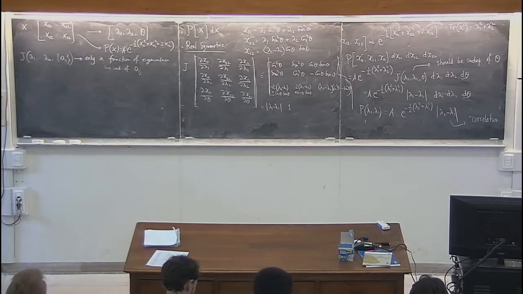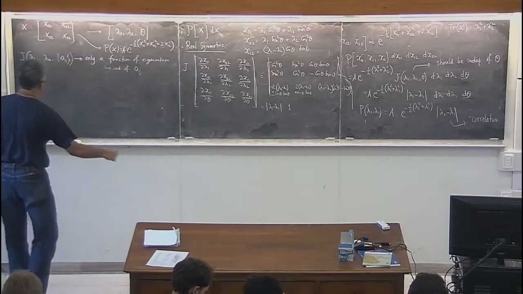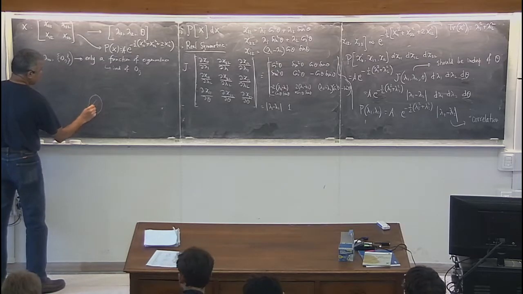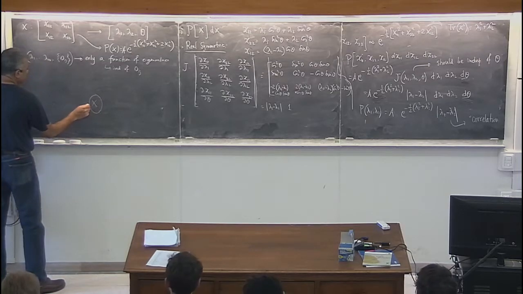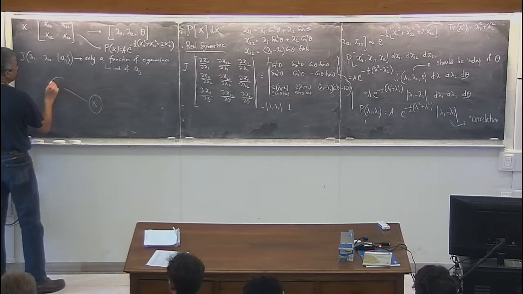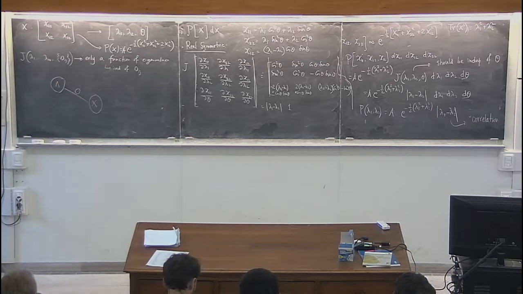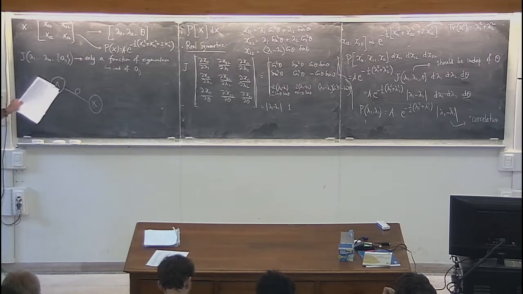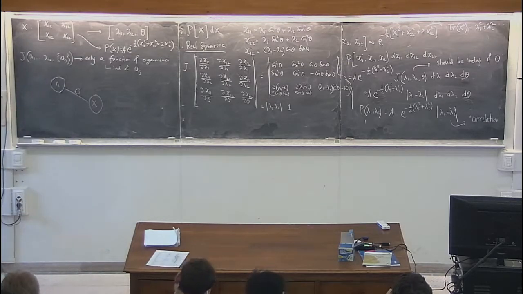The reason is this. I have a matrix X here, and symbolically I make an orthogonal transformation O which brings me to a diagonal matrix. This Jacobian is just this change of variables, which involves the eigenvalues as well as eigenvectors.